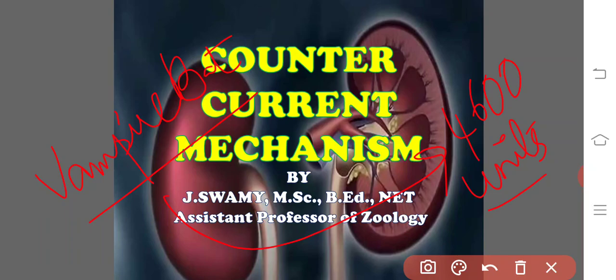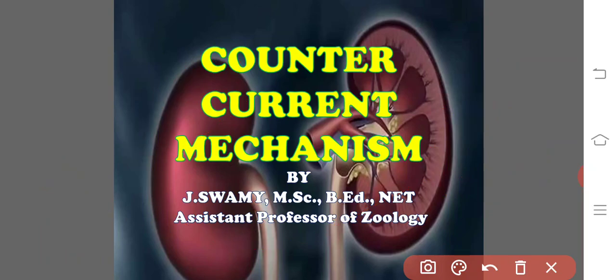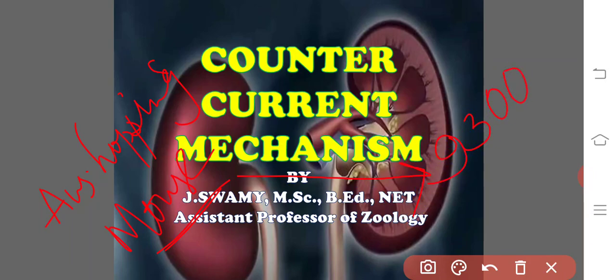Another example is the Australian hopping mouse, which lives in the deserts of Australia, and the concentration of its urine is 9300 units.